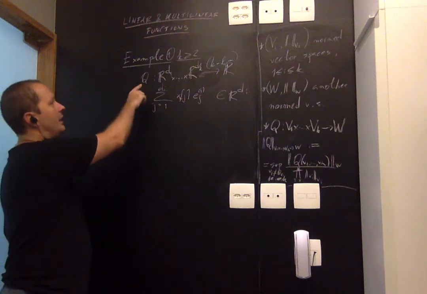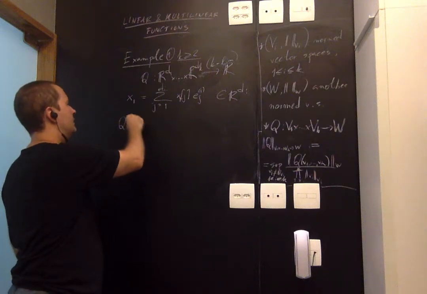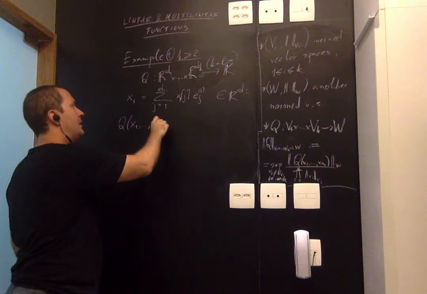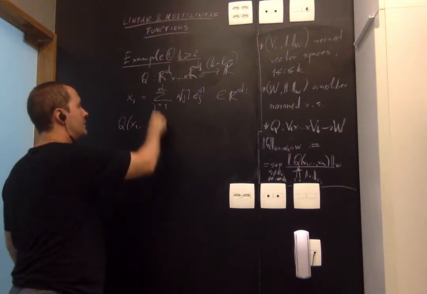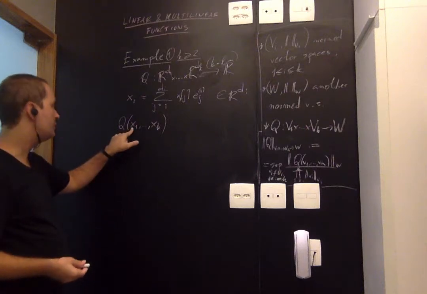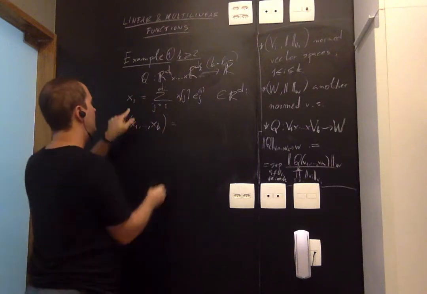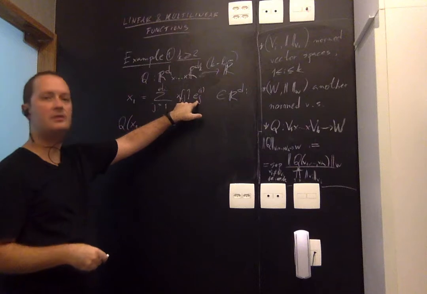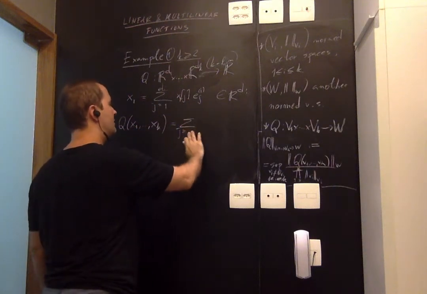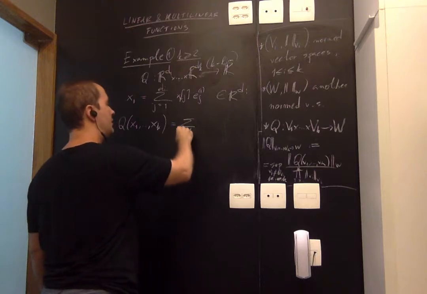How do I compute this bilinear form, or this multilinear form? I'm going to use linearity first in the first coordinate. X_1 is a linear combination of these vectors, so I can move the linear combination outside because this transformation is linear in the first coordinate.